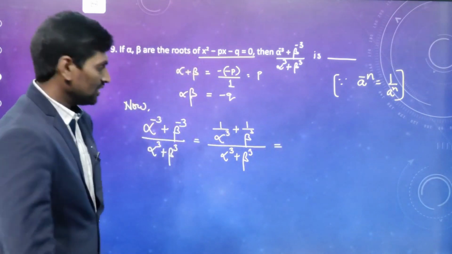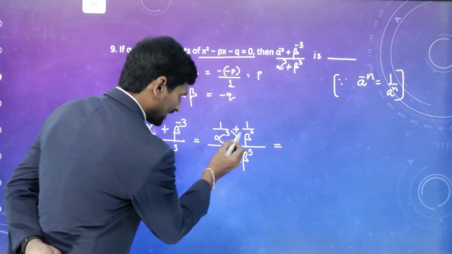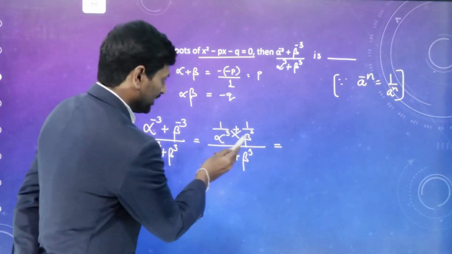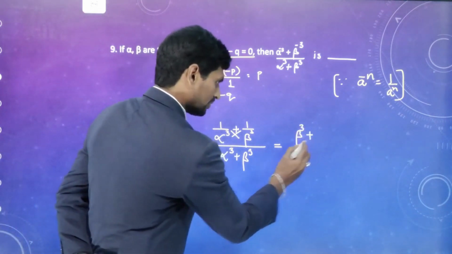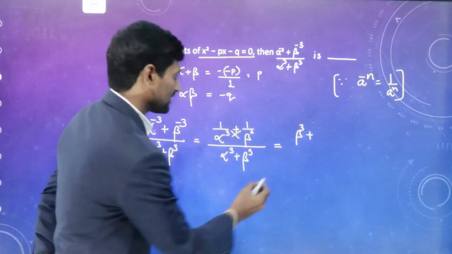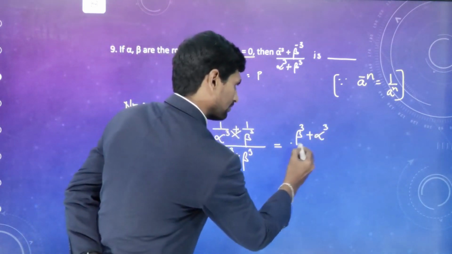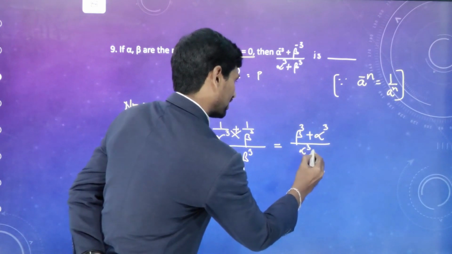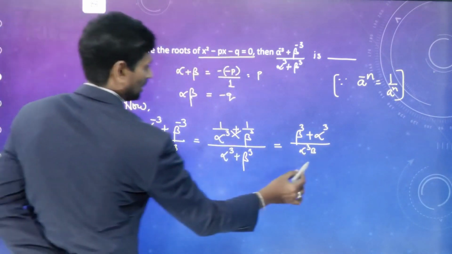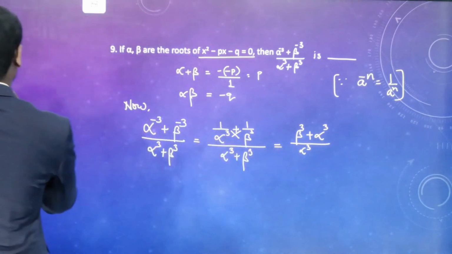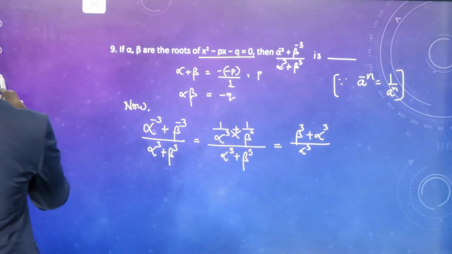Okay? Now let us simplify like LCM. 1 into beta cube is beta cube. 1 into alpha cube is alpha cube, by alpha cube into beta cube.